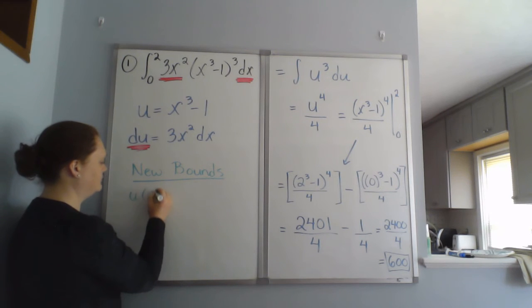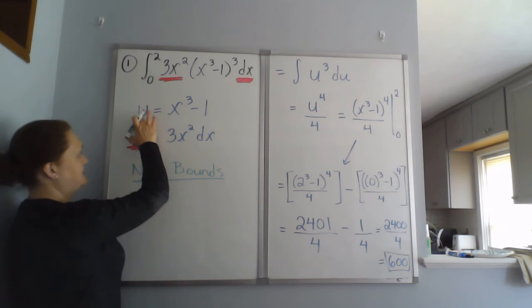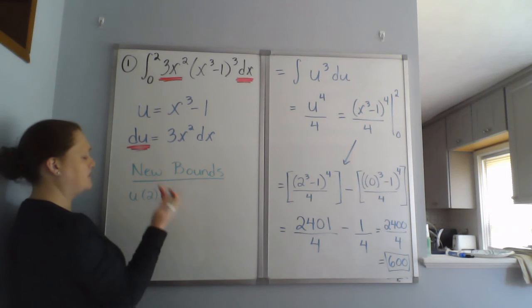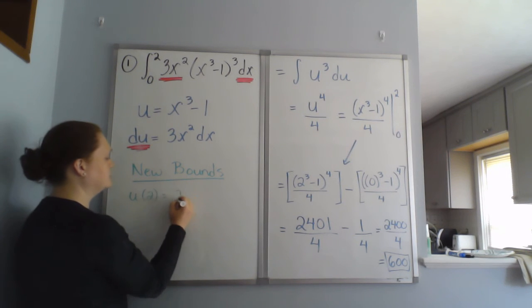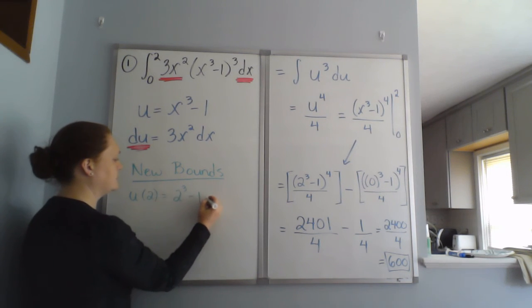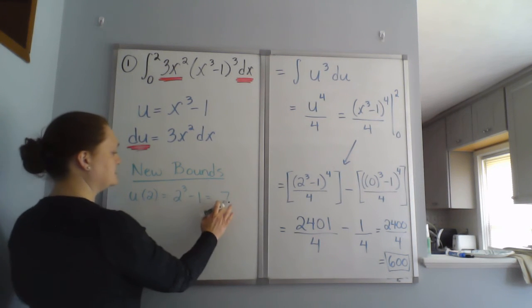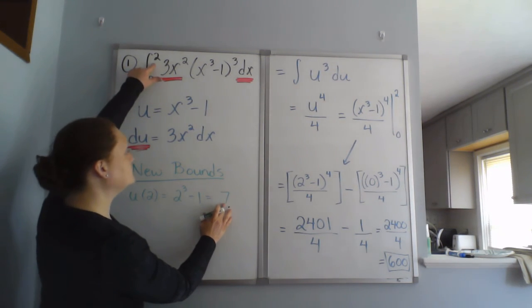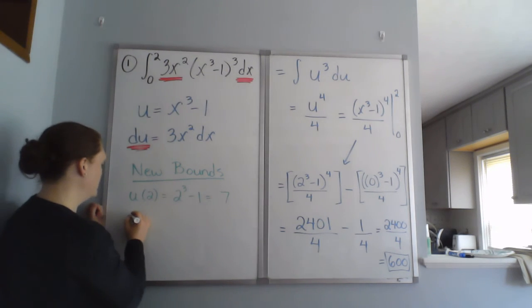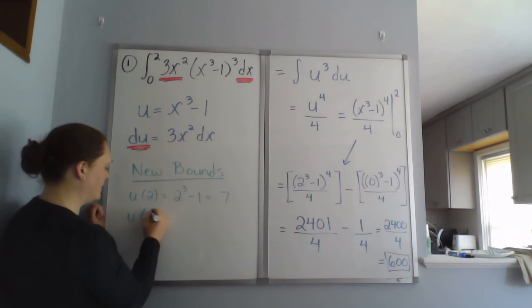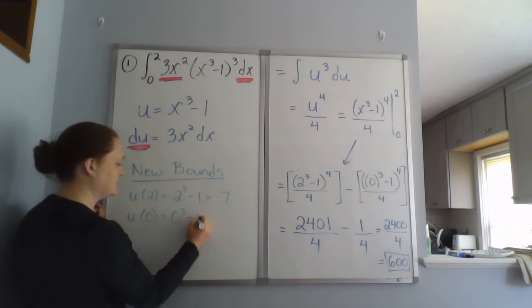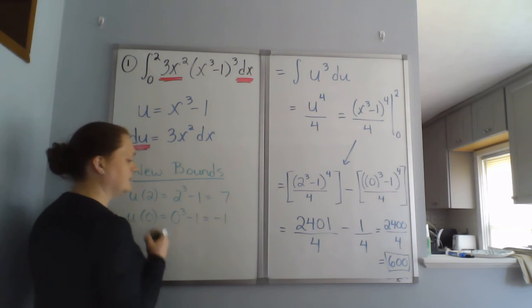What is u of 2? That would be 2 to the third power minus 1, which is 8 minus 1, which is 7. So that means the 7 could replace the 2 if I wanted. And then I could also figure out what u of the lower bound, 0, is. That's 0 cubed minus 1, which is negative 1.